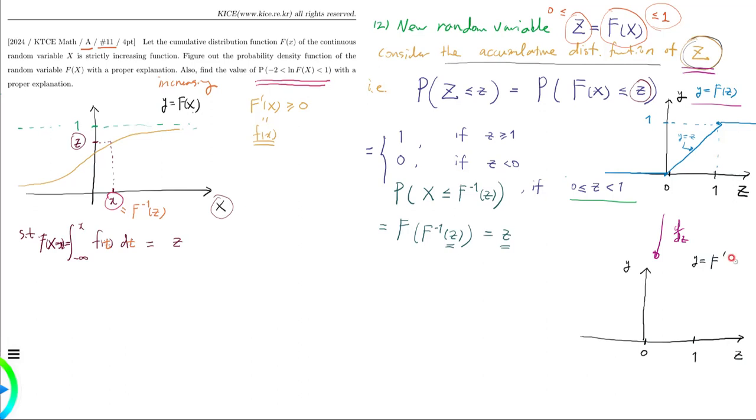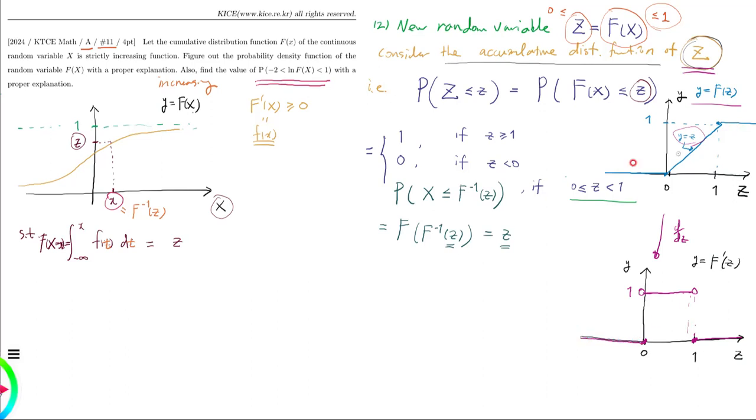Y equals capital F prime of Z. When capital Z lies between 0 and 1, its value will be 1 here. And this is not continuous at the points z equals 0 and z equals 1. And when z is greater than 1 or less than 0, its value is 0.